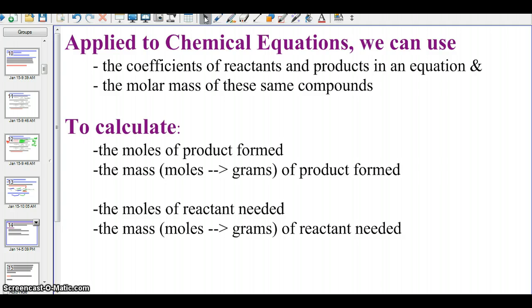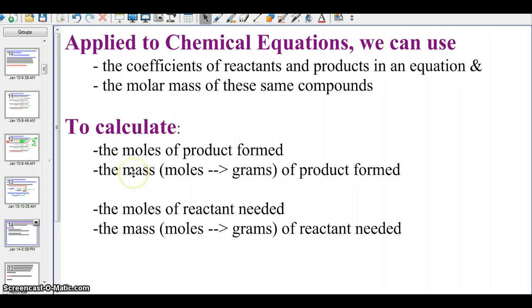So, to review, we need coefficients in the balanced chemical equation, and if we're going to go to grams, we need the molar mass. That is only if we're going to grams. If we use moles, we just need the balanced equation, moles to moles.